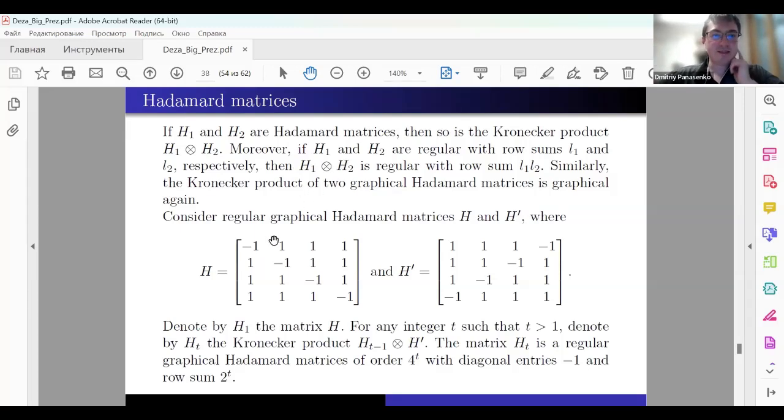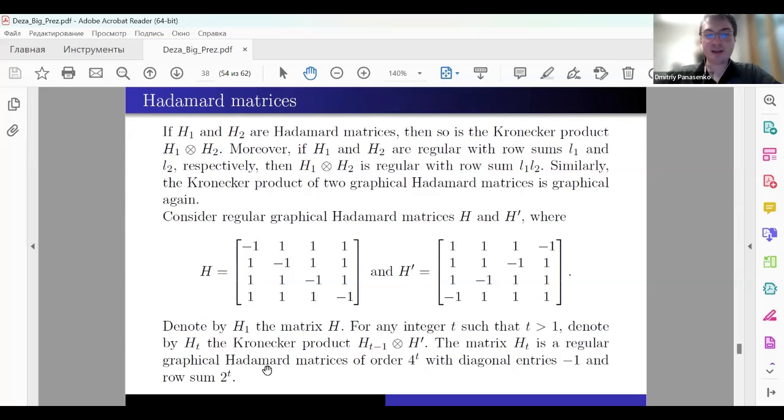Now we consider these two Hadamard matrices, H and H prime. Let me start by denoting matrix H by H1. Then we can have this recursive construction: for any integer t, we denote by Ht the Kronecker product of Ht minus 1 and this matrix H prime.